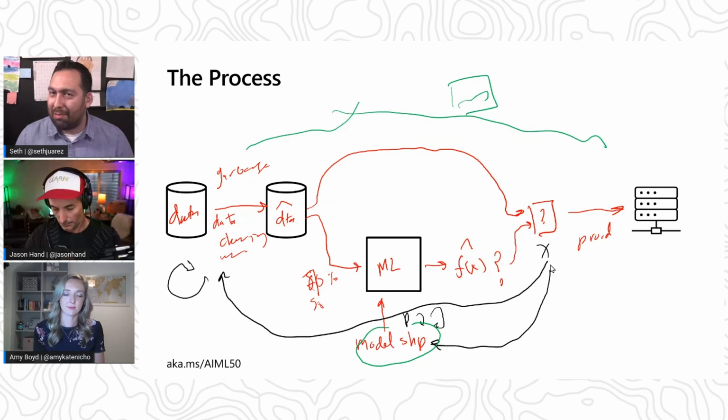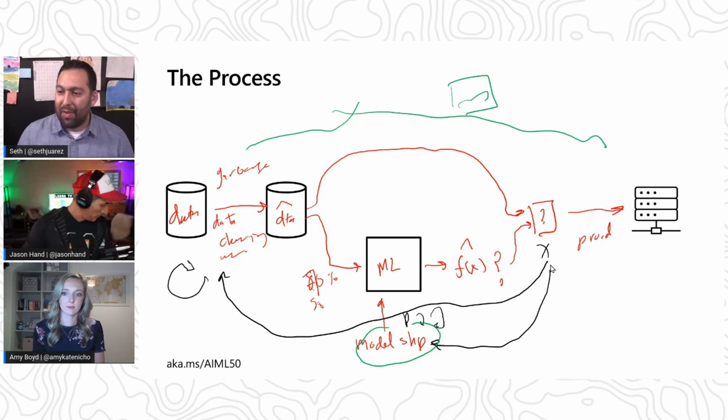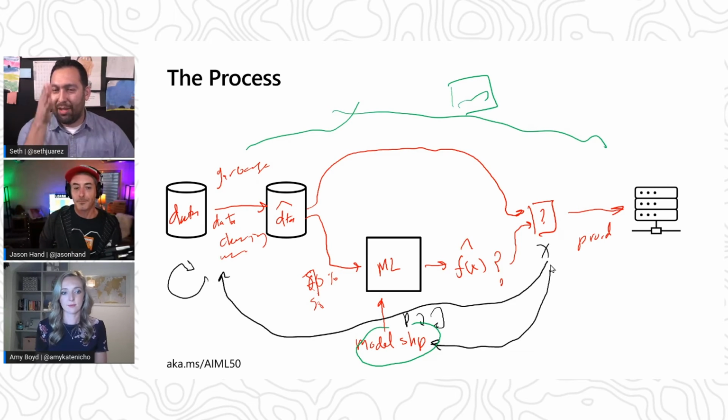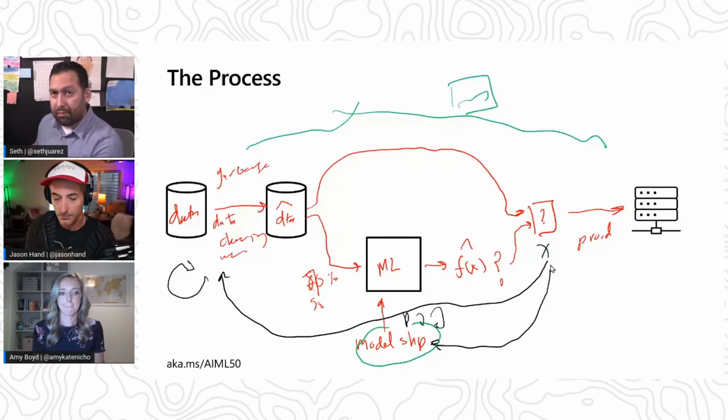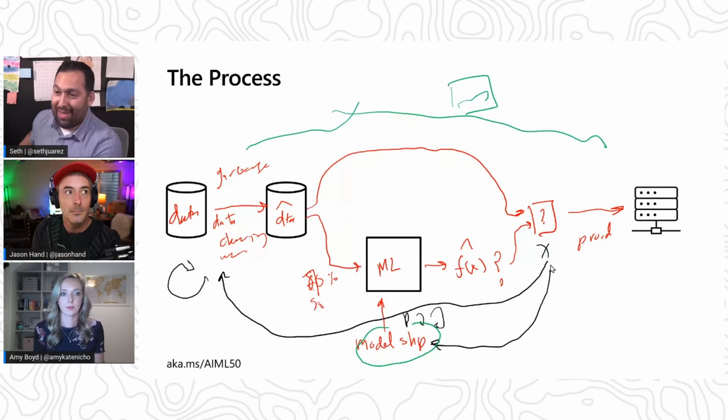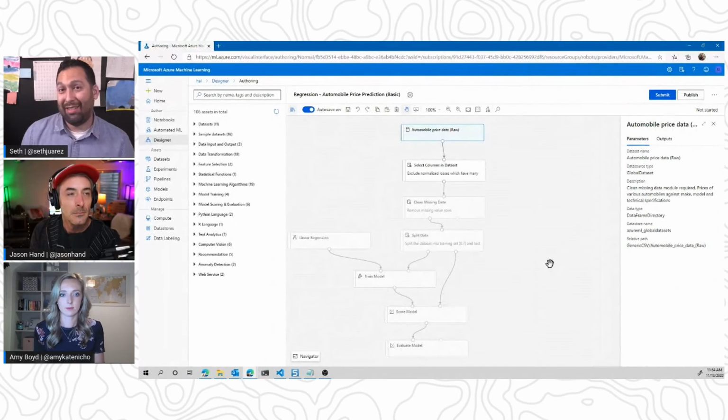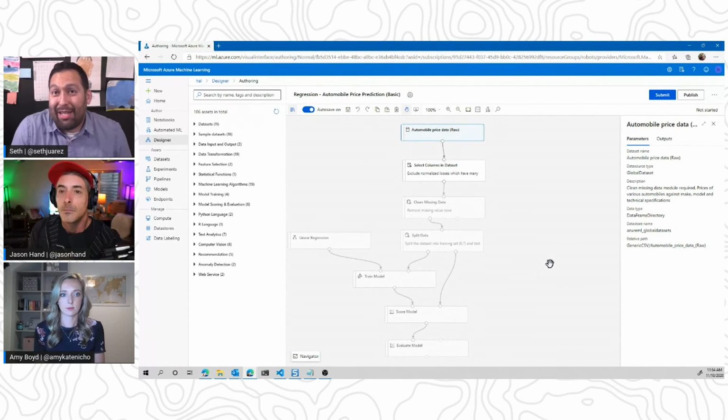So that's what automated machine learning does inside of Azure Machine Learning Studio. It basically gets your data, you say, this is the thing I want to learn, and then it loops through models and loops through parameterizations of the model. And so that's what automated machine learning does, right?